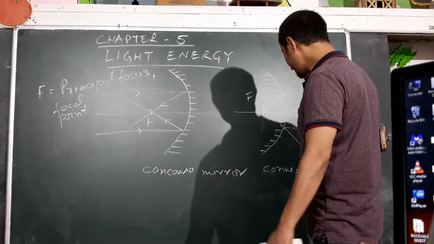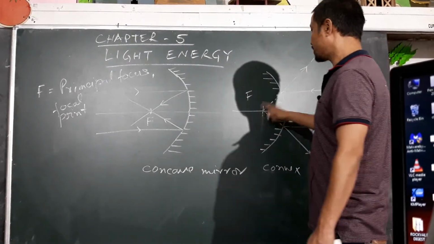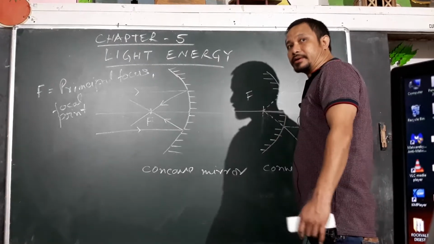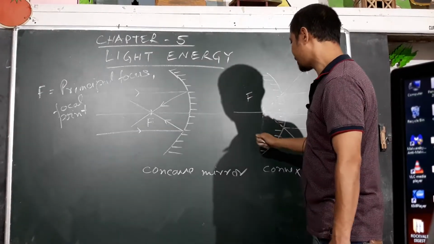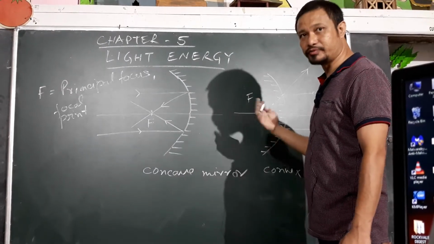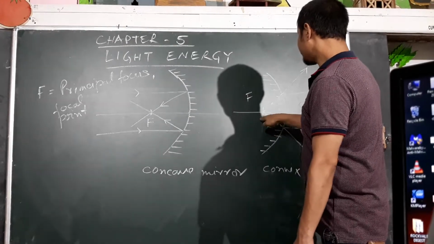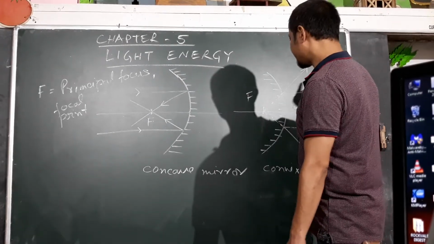But you have to retrace it and make it look like it originated from a point inside the mirror, not outside the mirror. This is outside the mirror, this is inside the mirror. So that point is called the principal focus. That's the rule in this. So this becomes the principal focus and this is how it behaves.